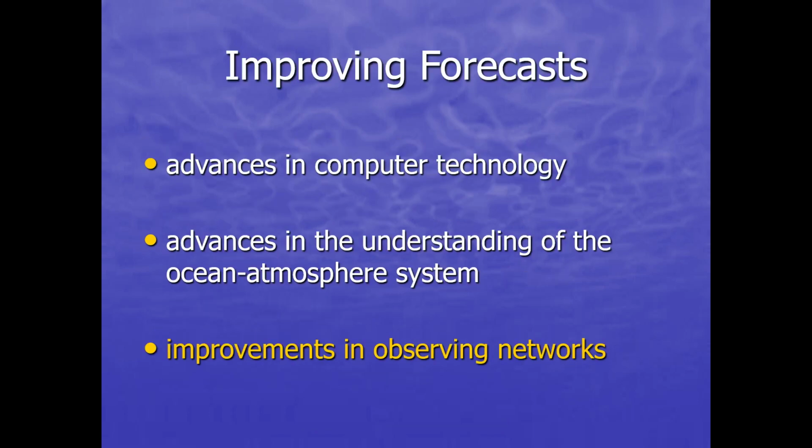And I'll end today with just discussing a little bit about improving forecasts. So, one thing that I think will happen over the next 20 to 30 years is our forecasts will continue to get better and better, but we may hit a very critical point where the advances in computer technology can only take us so far.